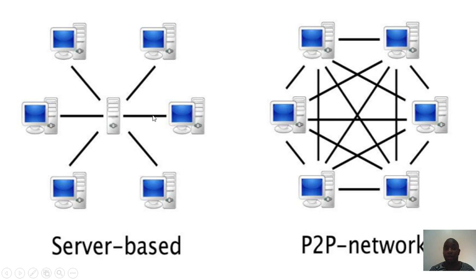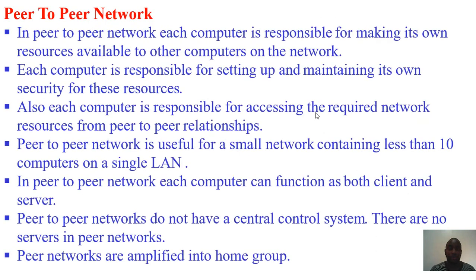Compared to the server based, this is slightly expensive because you need to use a lot of cables just to do a very simple task to connect. So this is an illustration of a peer-to-peer.